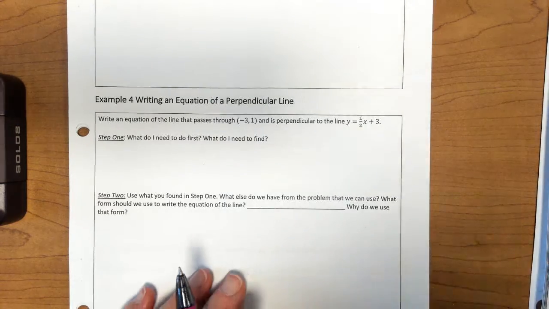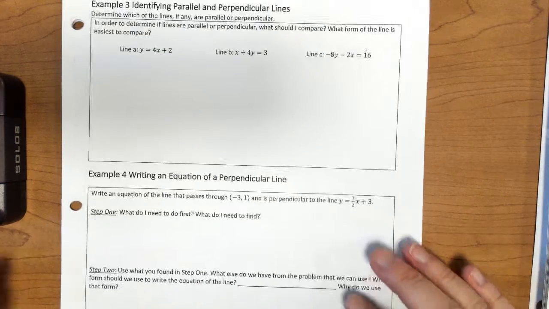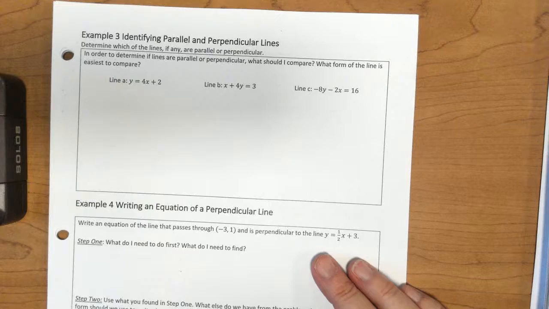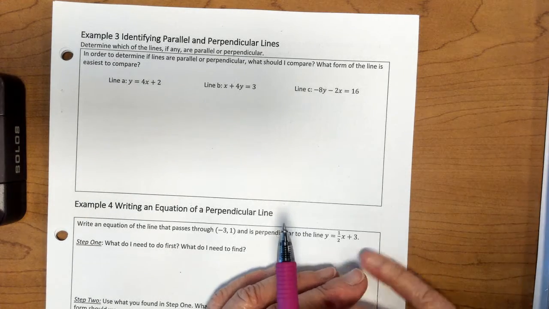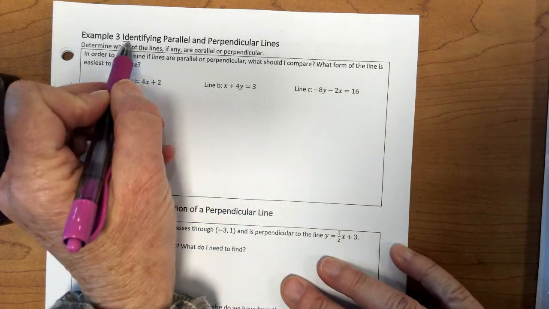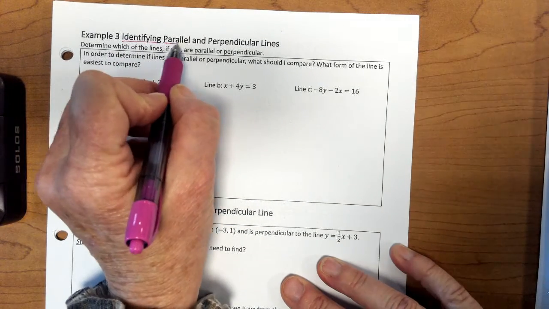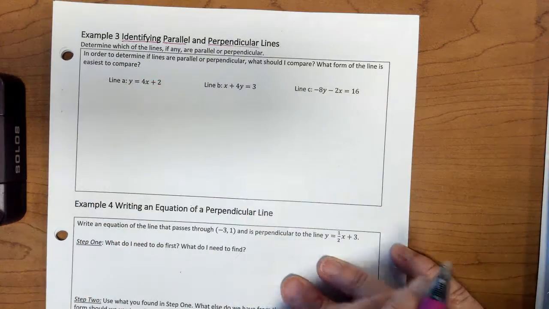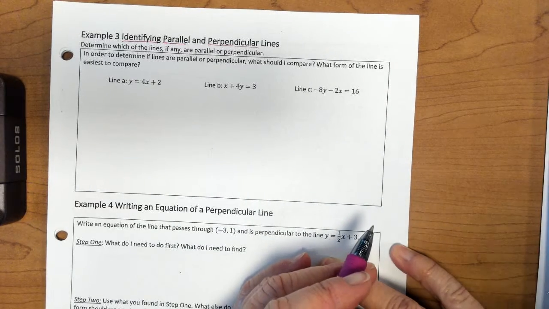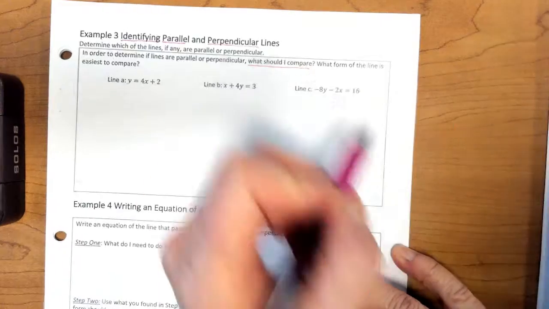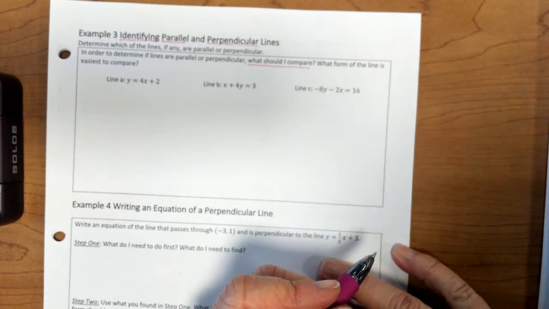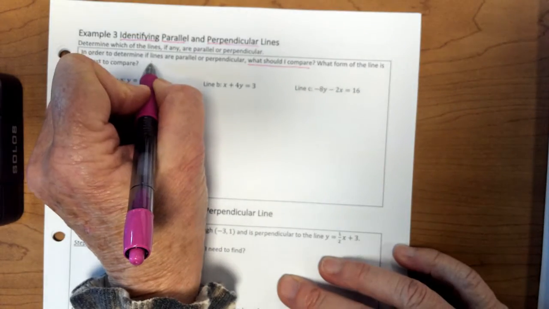Okay, so now let's take a look at identifying parallel and perpendicular lines. One of the things you need to remember, whenever I'm identifying anything with regards to parallel and perpendicular lines, what did we just learn about? Well, we learned that the slopes are what I should compare.